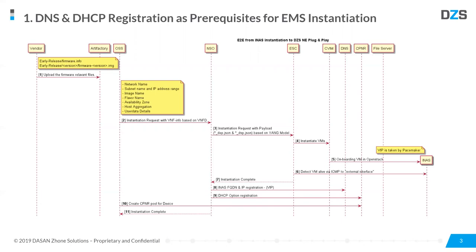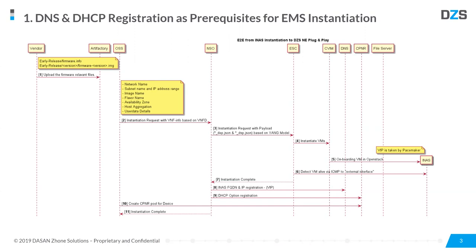So the first step of our PMP is that we have to upload the firmware into the Artifactory, and that will be used by the flow switch during its PMP procedure.